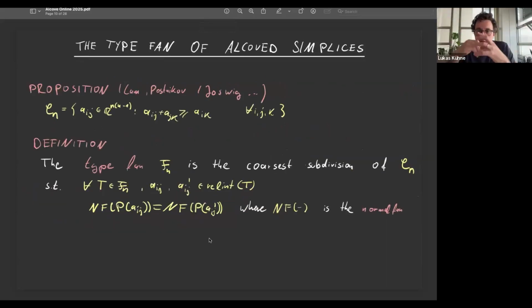Now we have a cone, and this cone is the space of all alcoved polytopes, because within that cone all our parameters for alcoved polytopes live. And I want to subdivide that cone into a fan in the following manner.